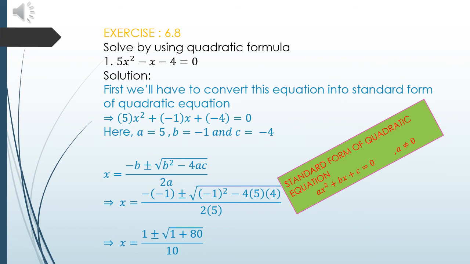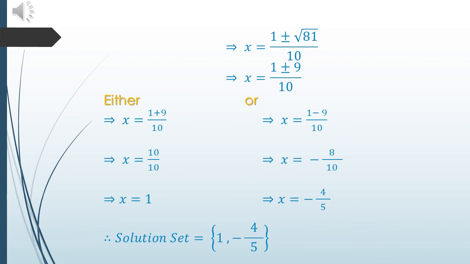When we multiply all the things, we get x is equal to 1 plus minus under root 1 plus 80, whole divided by 10. So x is equal to 1 plus minus square root of 81, whole divided by 10.